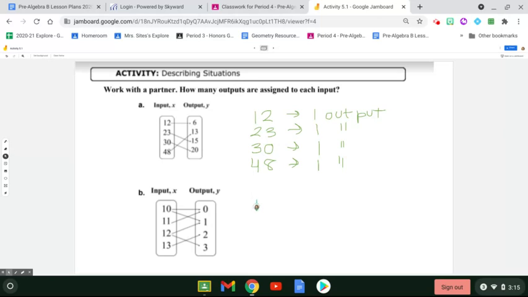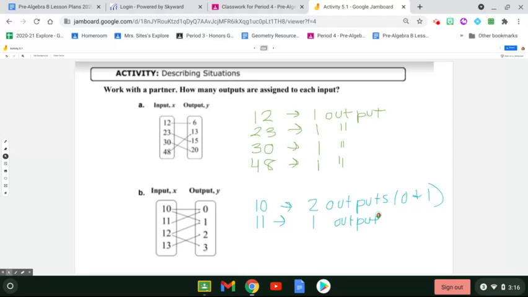10, well, it has 0 and it has 1. So it has 2 outputs. It has 0 and 1. 11 has 1 output.